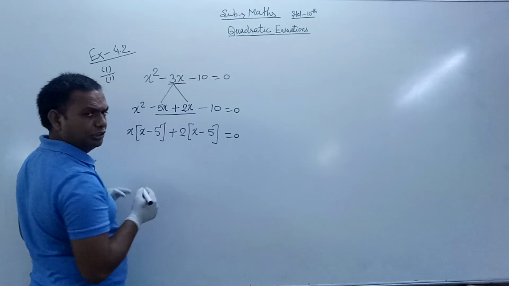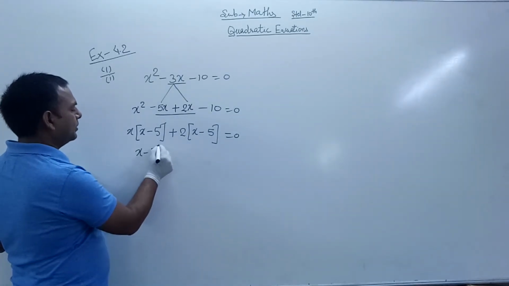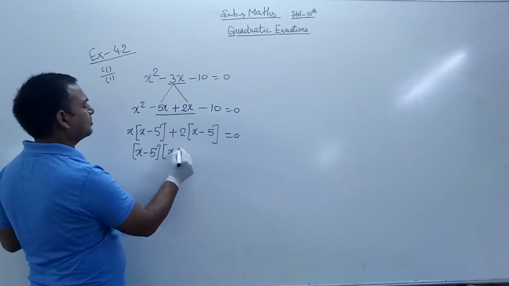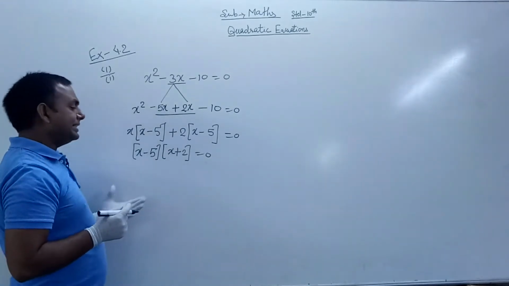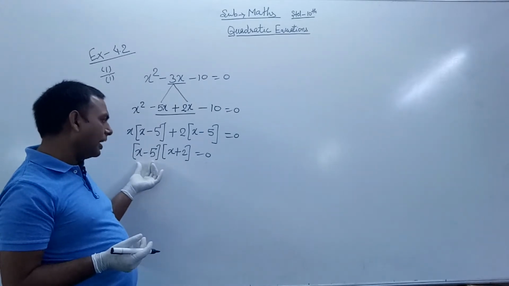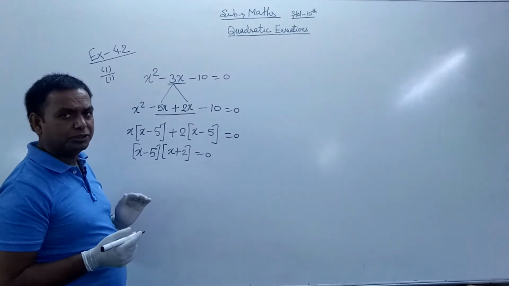This is equal to 0. Then you take x minus 5 common, and the other bracket is x plus 2, equal to 0. This product is equal to 0, which means either this bracket is 0 or that bracket is 0.